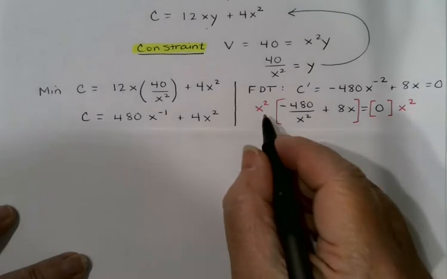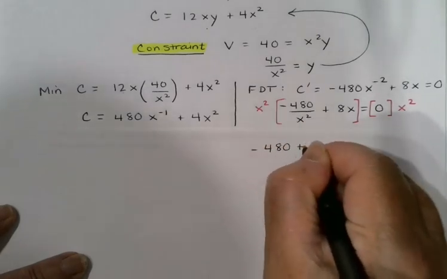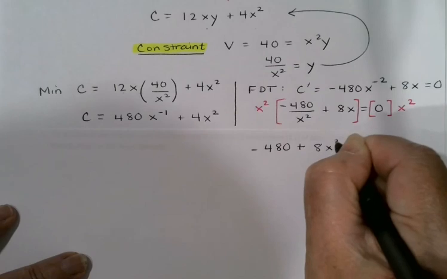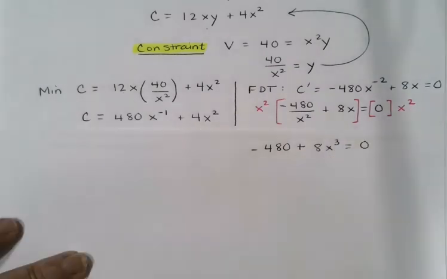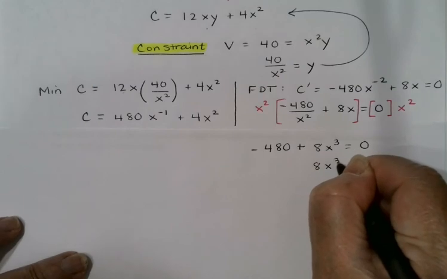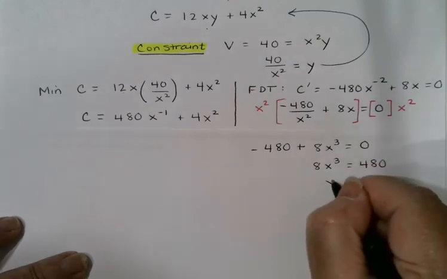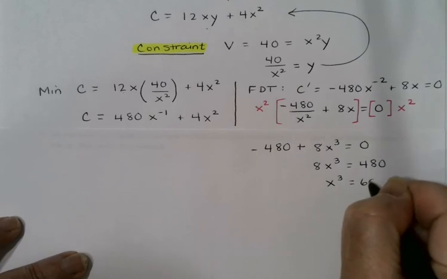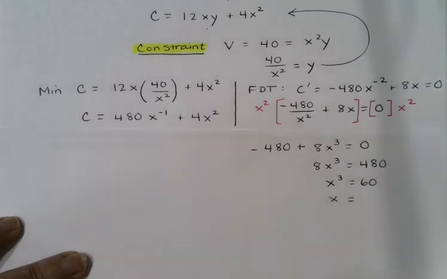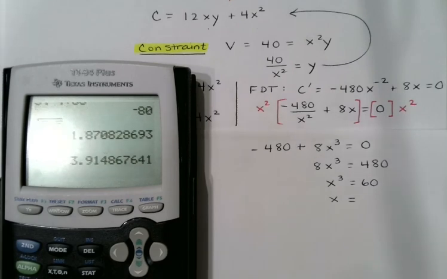If I clear that fraction, I'll get negative 480 plus 8x cubed equals 0. 8x cubed equals 480. So x cubed is 60. And x would be the cube root of 60, or about 3.915.